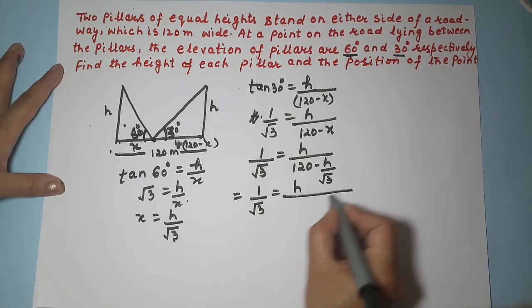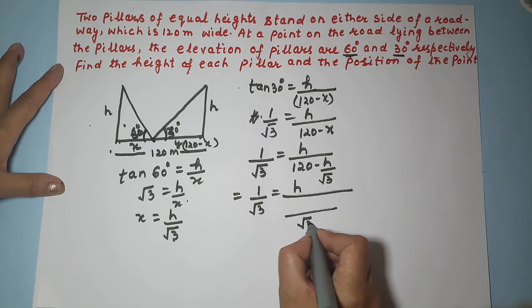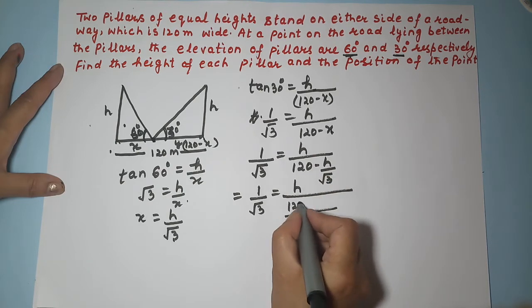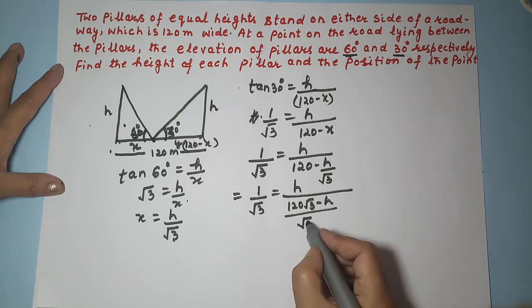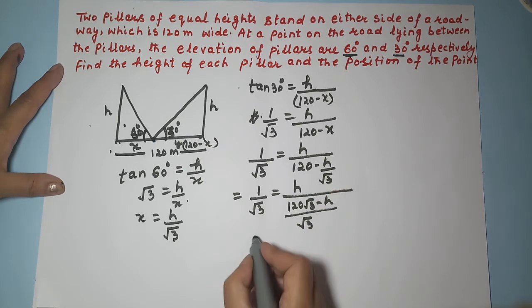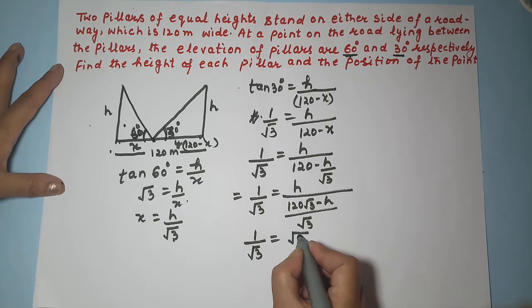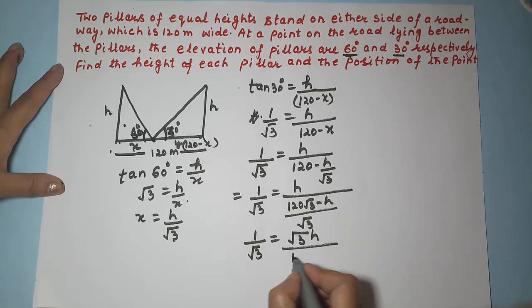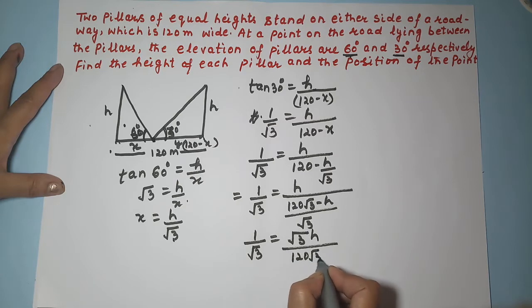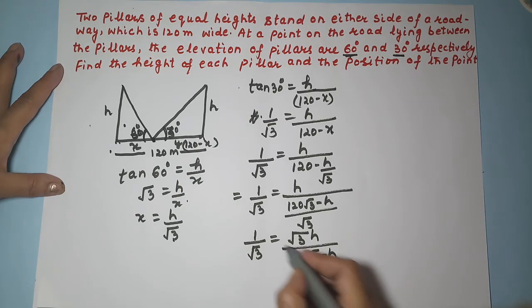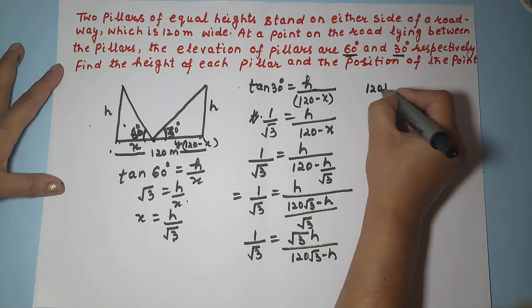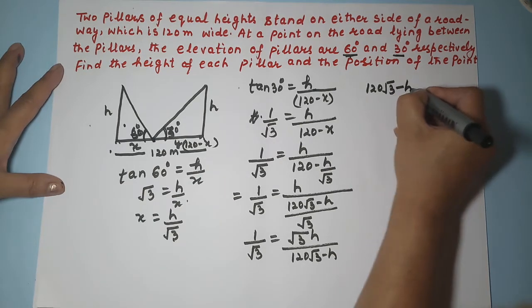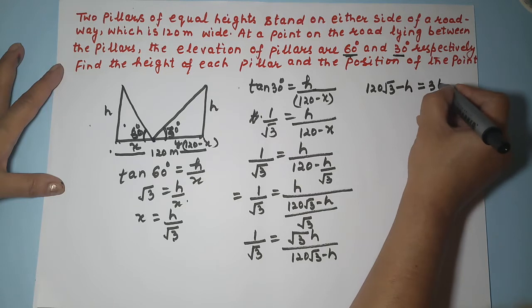I can take root 3 LCM here, so I will get 120 root 3 minus H. Now this root 3 will go up. So I am getting 1 by root 3 is equal to root 3H upon 120 root 3 minus H. Let me cross multiply. What will I get? I will get 120 root 3 minus H equal to 3H.